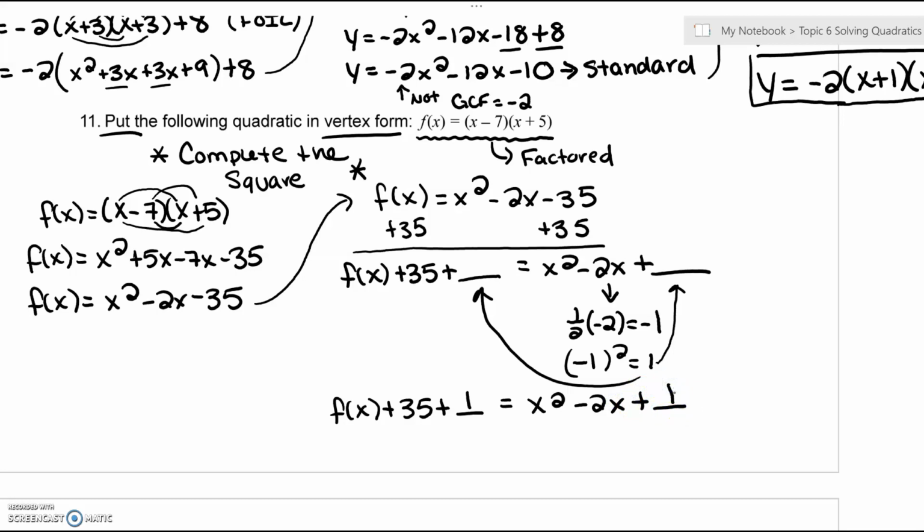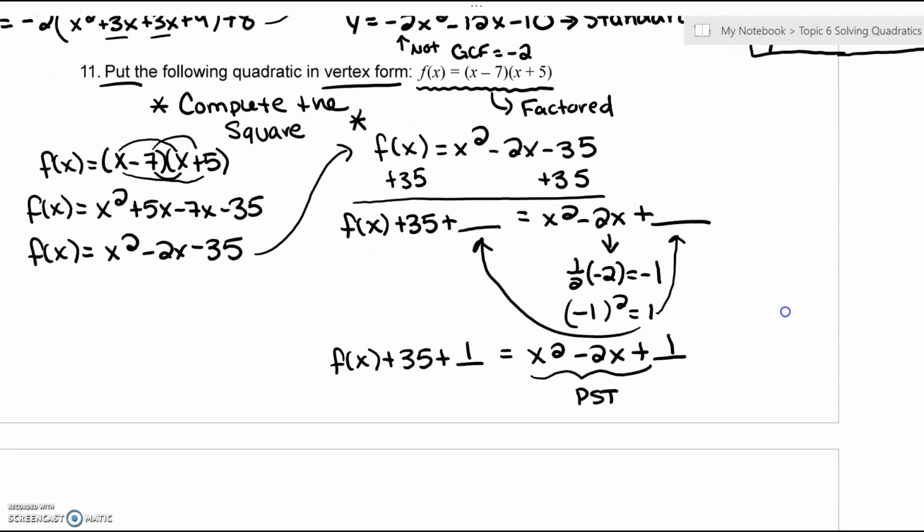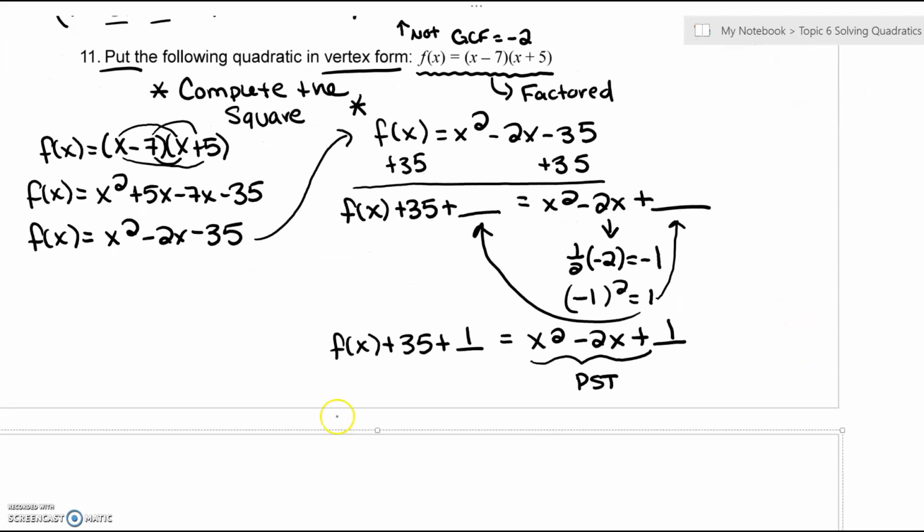And remember, we do all this because that makes this right here a perfect square trinomial, and they're really easy to factor. So let's go ahead and simplify. I have f of x, 35 plus 1 is 36, equals, and we'll notice how easy this is to factor, because the only way I can make x squared is, again, x times x.